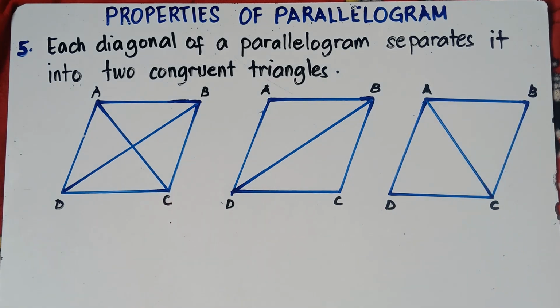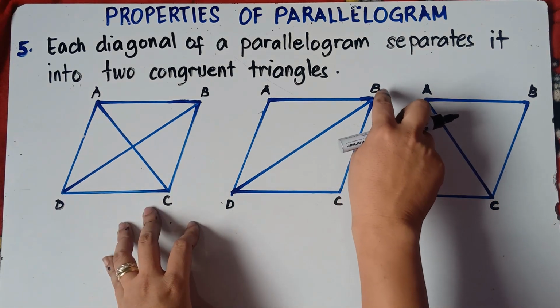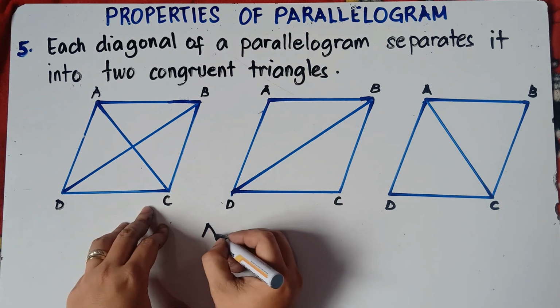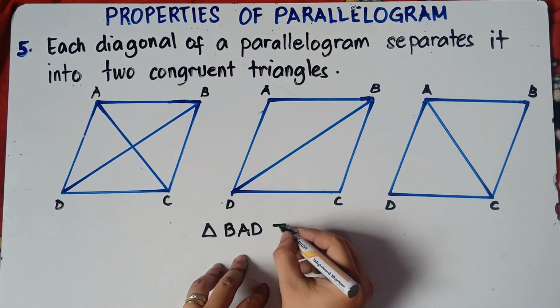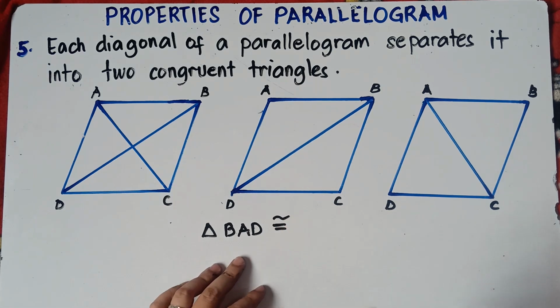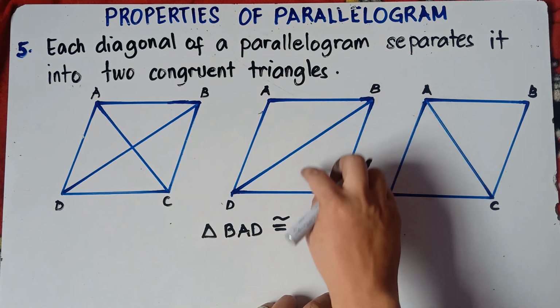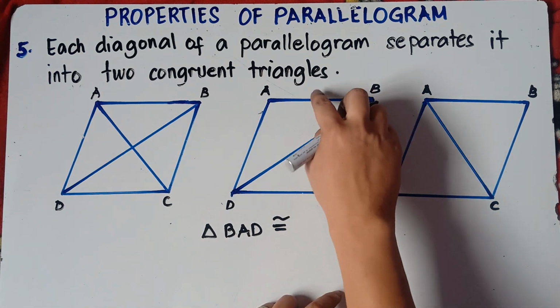Now, if you read this one, class, always be careful in reading the triangles. So, if we have triangle BAD, it is congruent to triangle... Always be careful, class, in reading. It should be symmetrical. Of course, we know that opposite sides are congruent.